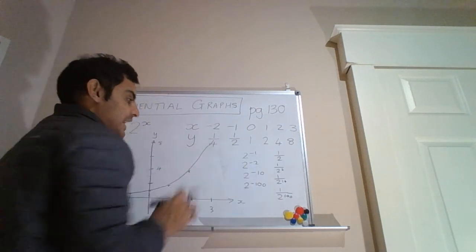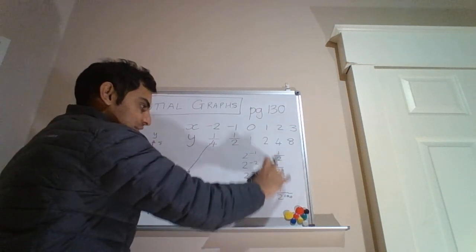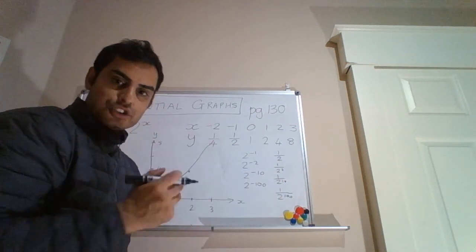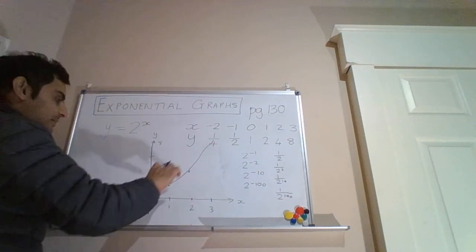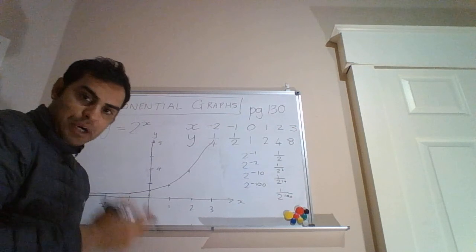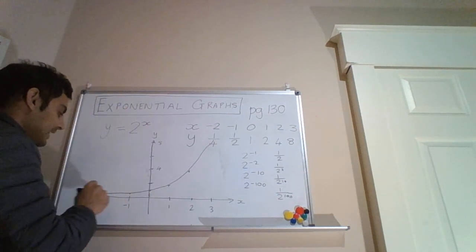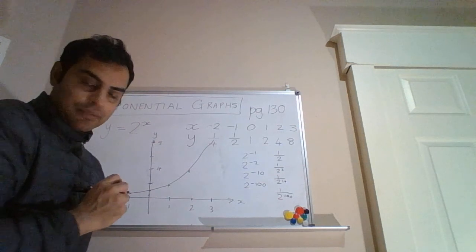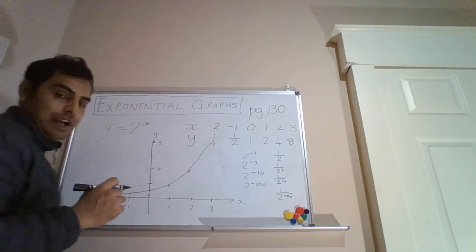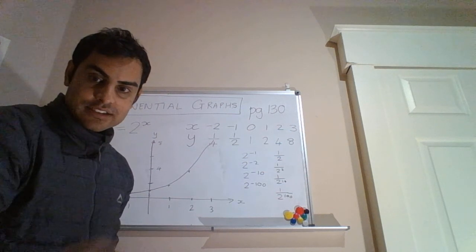So as x is getting more and more negative, the y values are also shrinking. So when fractions are getting smaller and smaller, it's still positive, but decreasing. So that explains this tail. And indeed, we do have a horizontal asymptote along the x-axis.